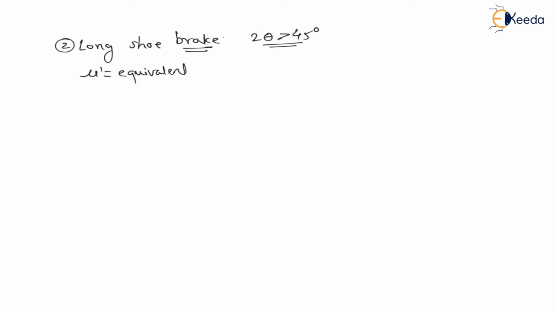Now, when there is a long shoe, that is non-uniform pressure or non-uniform wear, that is when 2 theta, the shoe angle, is more than 45 degrees, in this case we have to find the equivalent coefficient of friction. Mu dash is called the equivalent coefficient of friction, and we have to use it for the calculation.